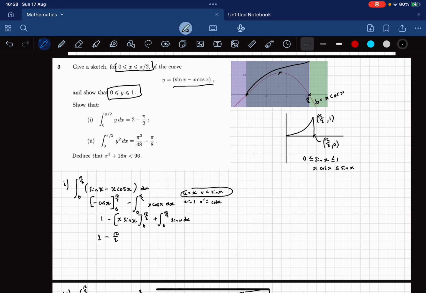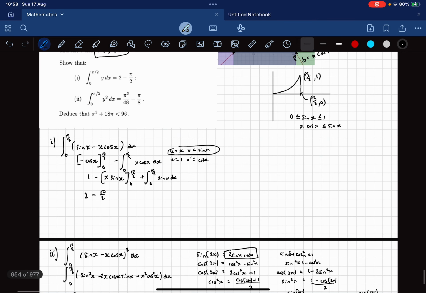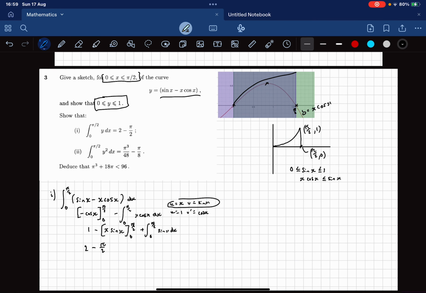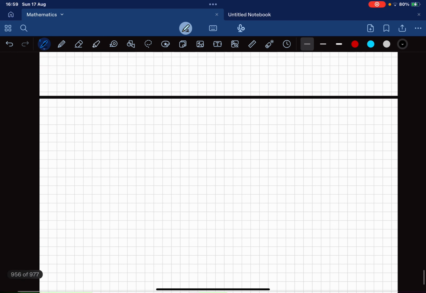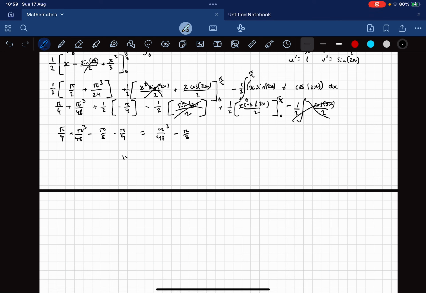Okay? So due to this, and then we know that it's non-zero. Okay? Due to this, we can know that our pi cubed over 48 minus pi over 8 is going to be less than our 2 minus pi over 2, I believe it was.